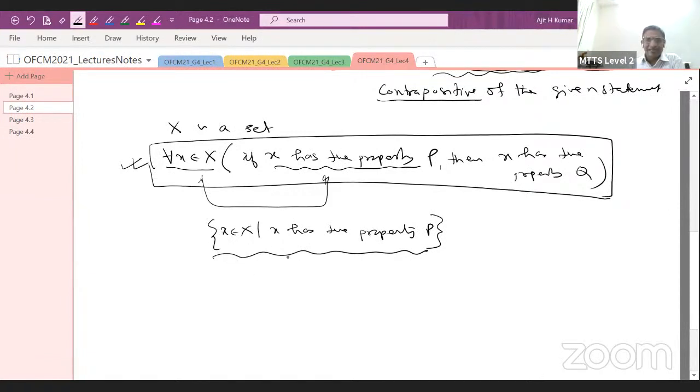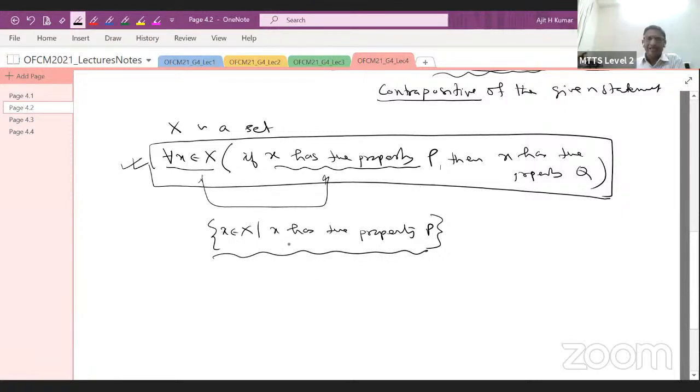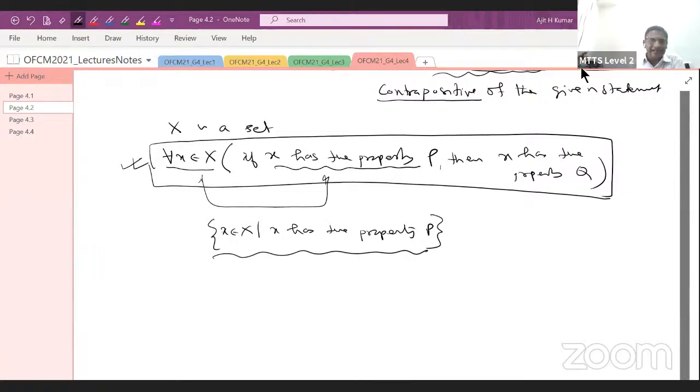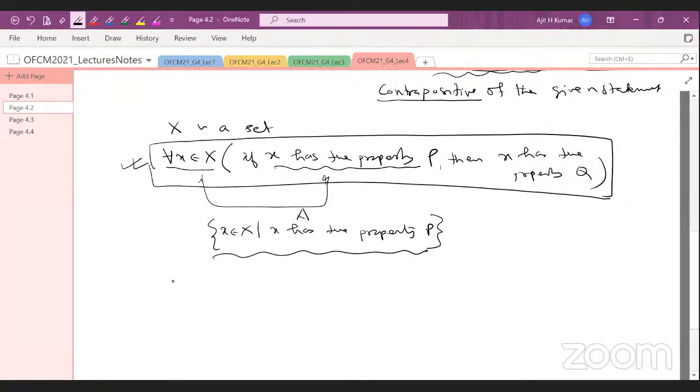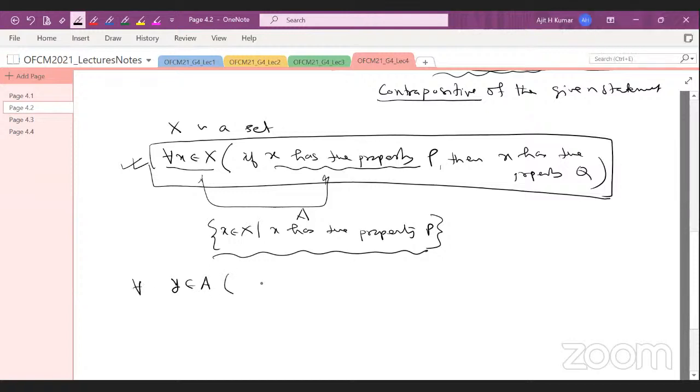If I take any element in this set, what happens? That element has the property P, so if it has the property P, then it will have the property Q. Correct. So let me call this set A. If I take any y in A, what is my conclusion?